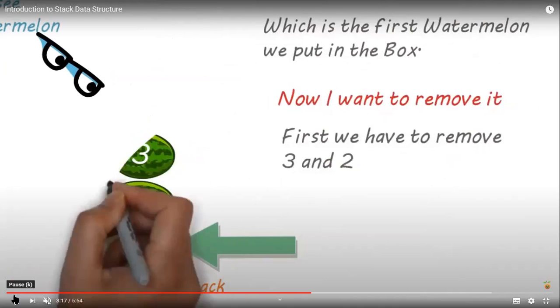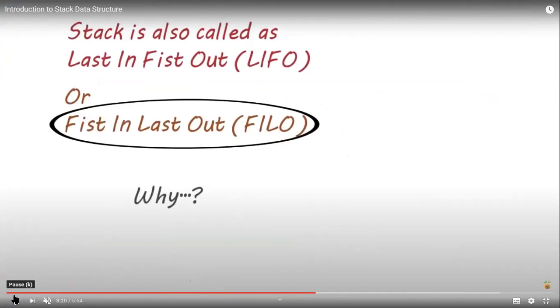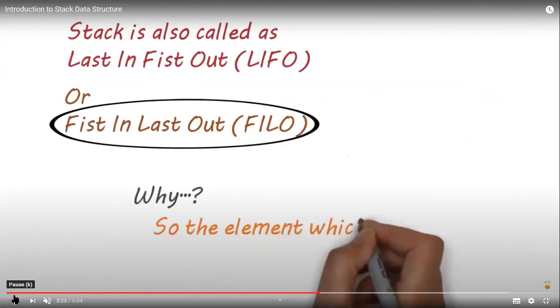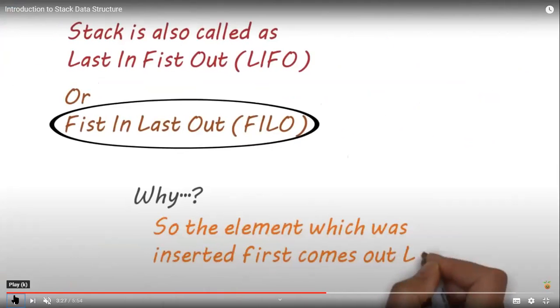Firstly, we have to remove the third numbered watermelon and then the second numbered watermelon. So in this way, whatever element is inserted first, in our example the watermelon numbered as 1, will be removed last.